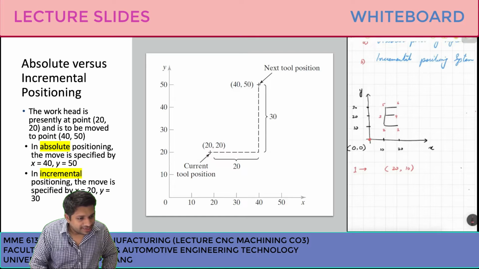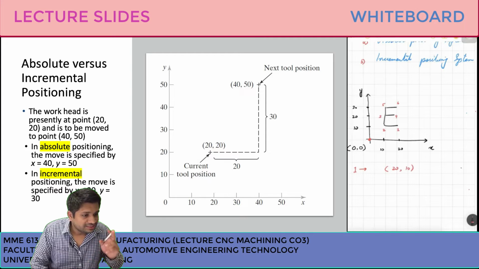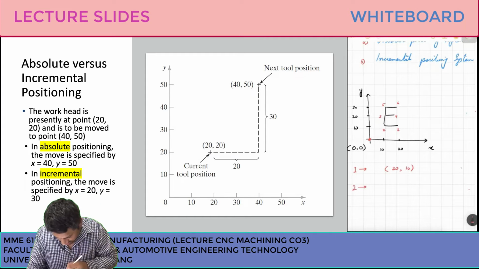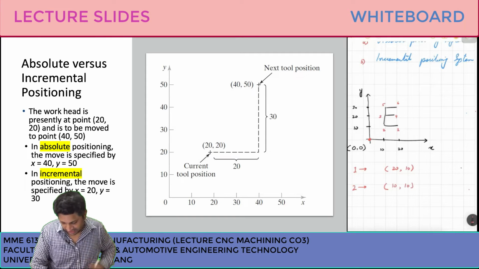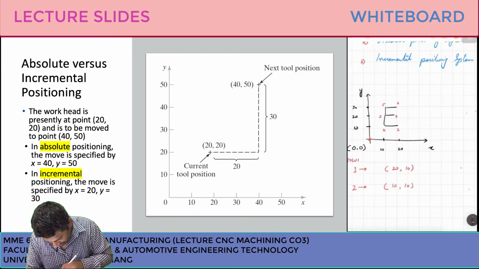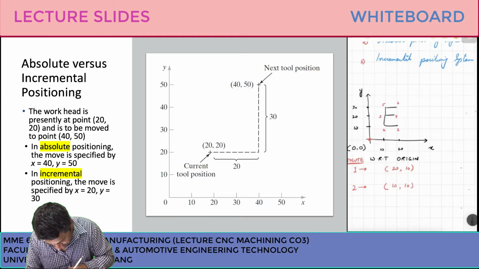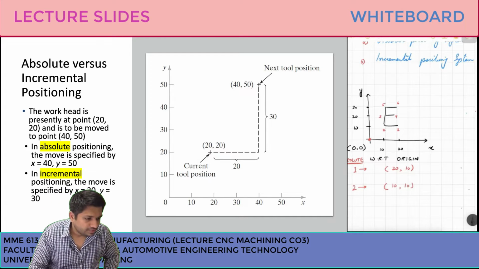Then to tell the machine to go to point 2, I will give the coordinates relative to the origin. Remember that. For point number 2, the coordinate is 10 X and 10 Y. This is the case of absolute, with respect to the origin. So absolute is always with respect to the origin. This is one type of positioning system.